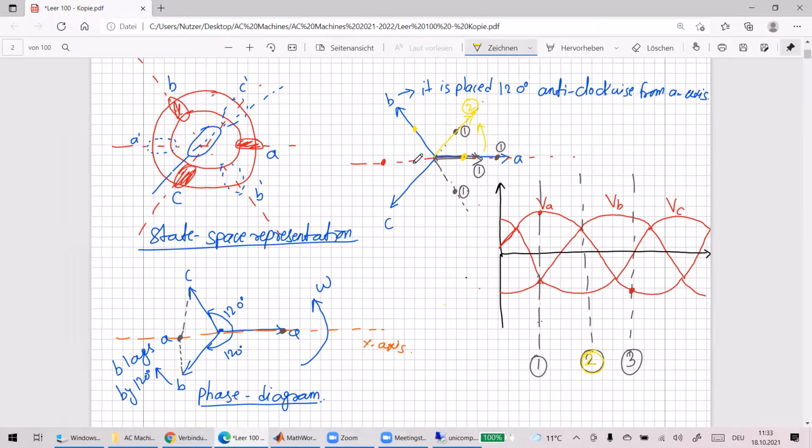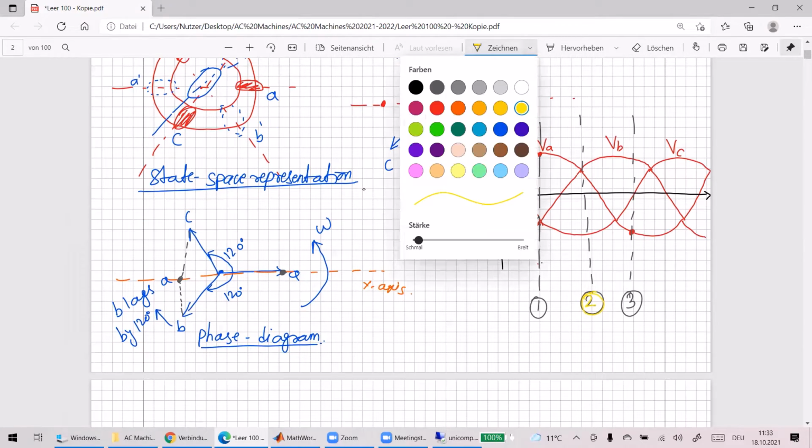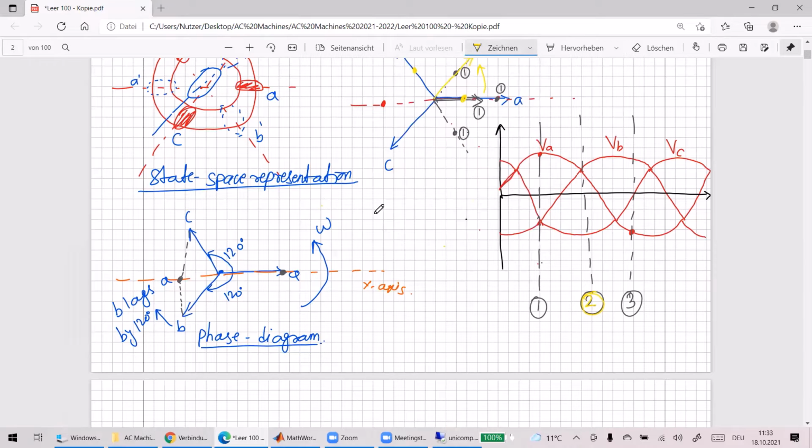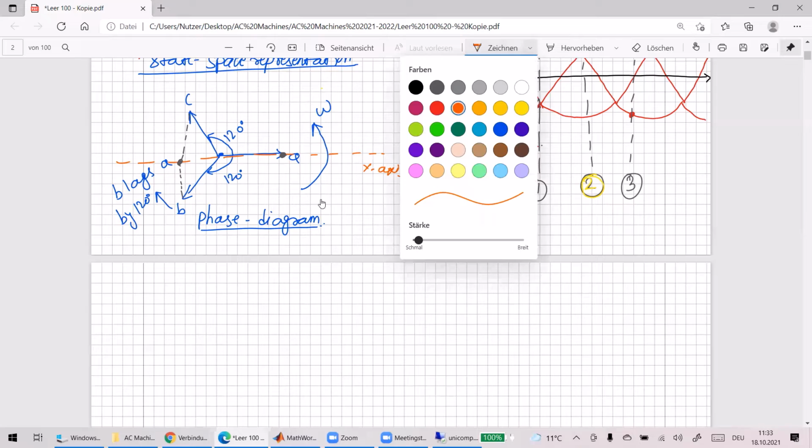But if you want to visualize this second point in the phasor diagram, what you need to do is rotate this whole phasor diagram by 60 degrees. So now this is your x-axis.